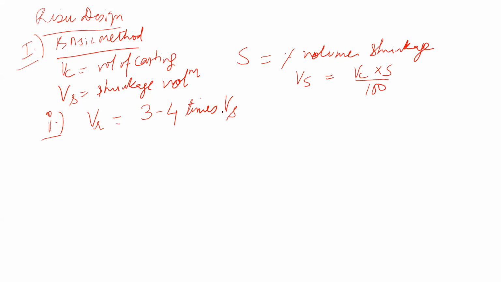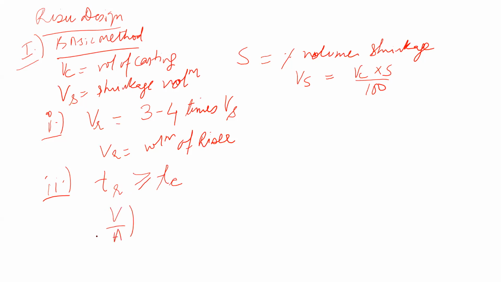The second, important condition is that the time to fill the riser should be greater than or equal to the time to fill the cavity. So this will be V by A of riser, which should be greater than or equal to V by A of casting.